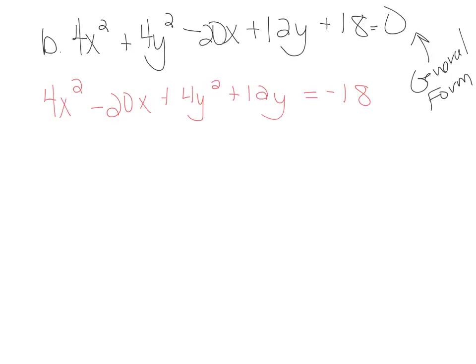But to help with consistency for the rest of the chapter, I am not going to do that. Instead, I'm going to take the 4 out. And I'll be left with x squared minus 5x, and the gap, then, plus 4 times the quantity y squared plus 3y equals negative 18.